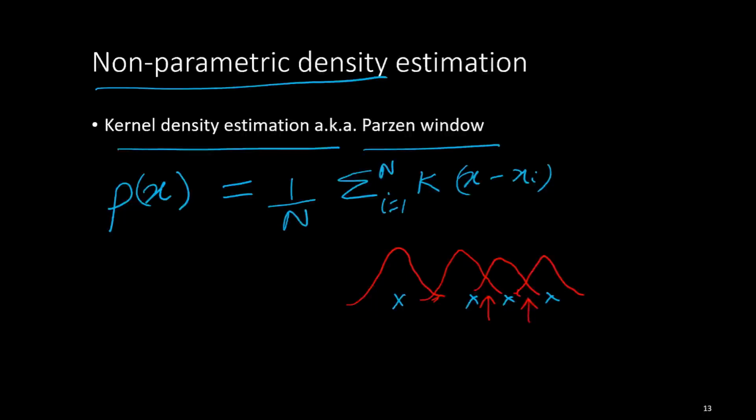Whenever you have larger overlap, when we add these up, we will have something where the peak is slightly larger. So whenever we have more density of points, we will have larger peaks, because their Gaussians will overlap with each other and they will go up in the estimate.